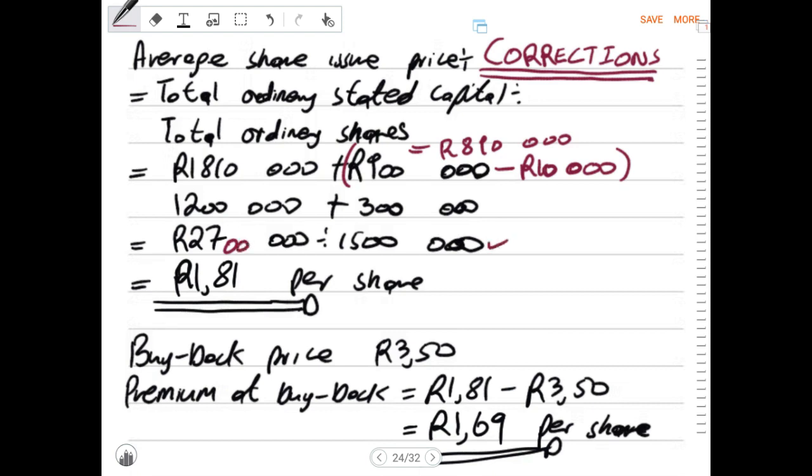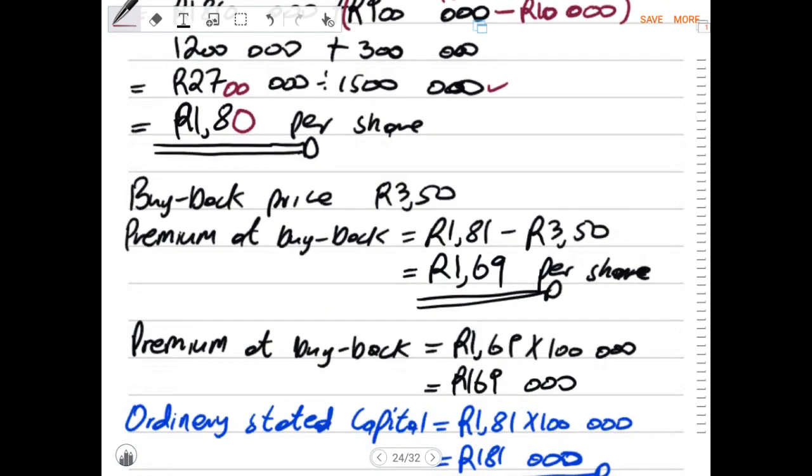However, the number of shares does not change, and that means our average price will change from 181 to 180 cents per share. Then our buyback price does not change, still 3 rand 50 cents. Then the average share issue price will be 1 rand 80, and if you say 1 rand 80 minus 3 rand 50, that will give us 1 rand 70 cents.